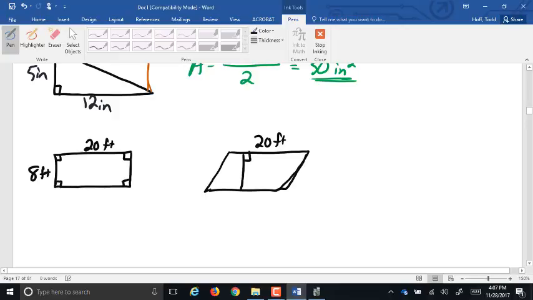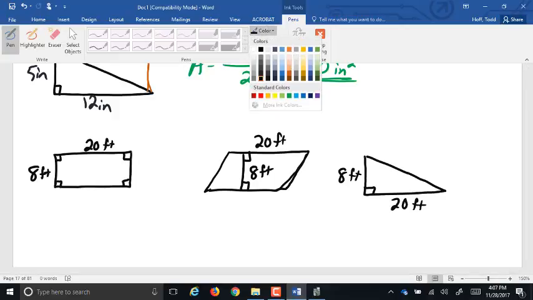Now the 8 feet has to be given at a right angle across there. Or if I have a right triangle, that's 20 feet here and 8 feet here.